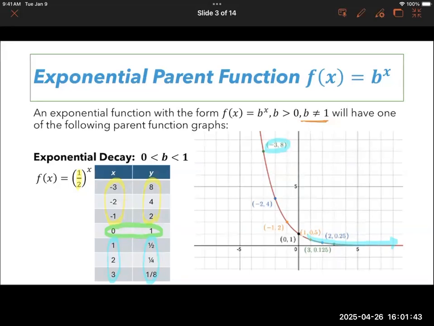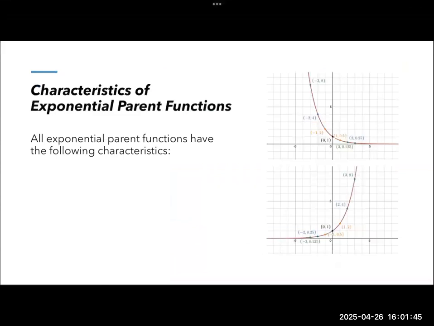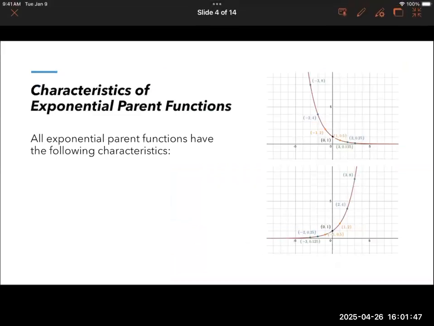Now, regardless of what our b value is, there are some characteristics that are true about all exponential parent functions, no matter what the b is. So the first is we have a horizontal asymptote at y equals 0, which is our x-axis.